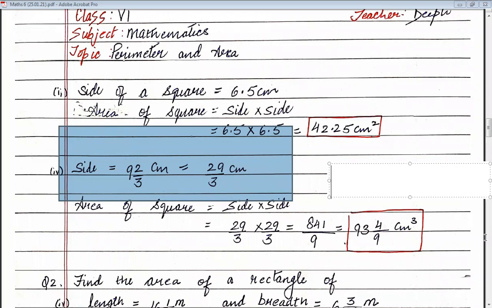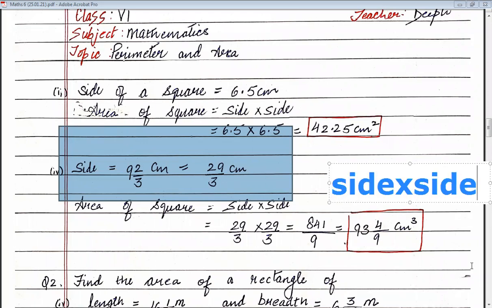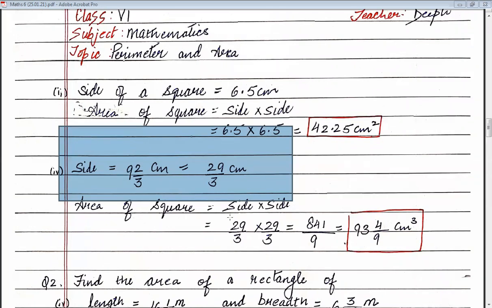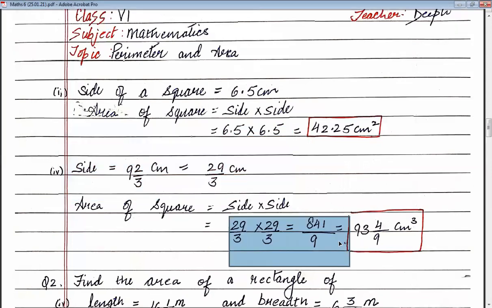Area of square, it's same, it is side multiply by side. Okay, so you have to multiply 29 upon 3 with 29 upon 3. Is it clear, students? After multiplication, your answer is 841 upon 9. What is your answer? 841 upon 9.